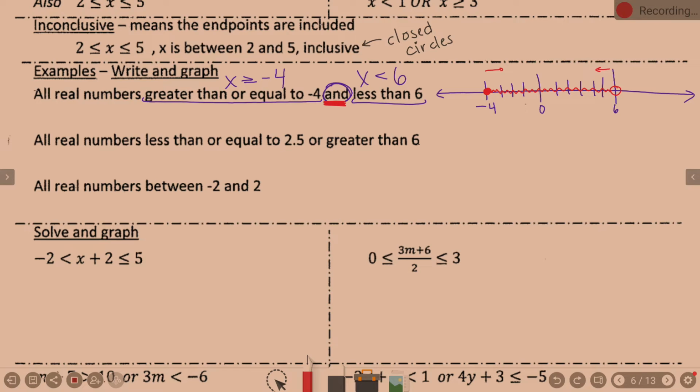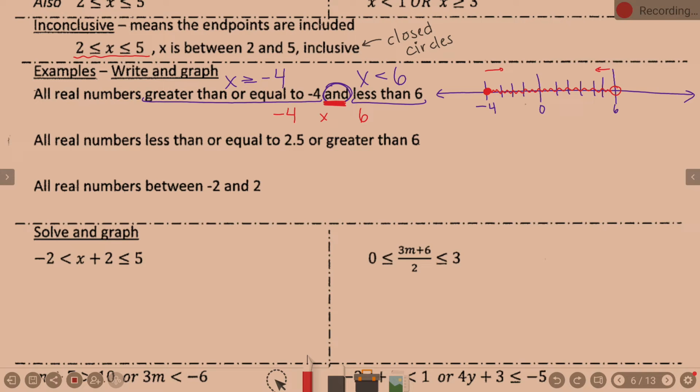It's between -4 and 6. So what you're going to need to get in the habit of doing, like you see right here, 2 less than or equal to x less than or equal to 5, we're going to have to do that same thing, where we put the smaller number on the left, so I put -4 on the left, and the bigger number on the right, so I put 6 on the right.